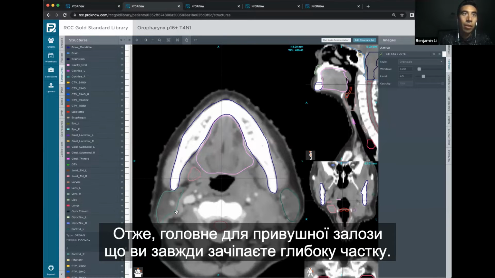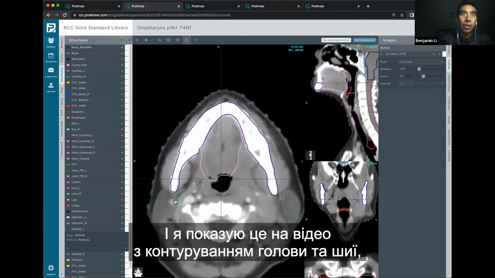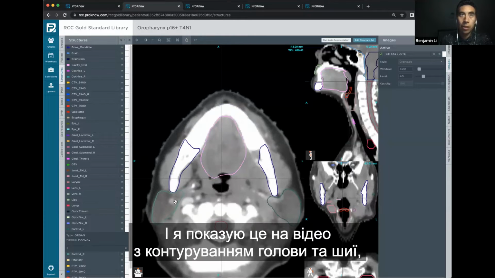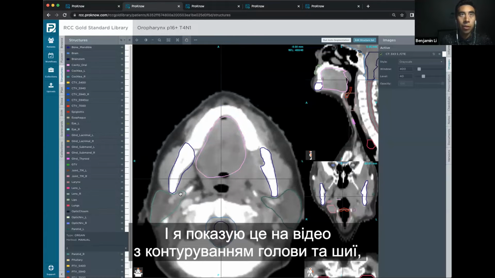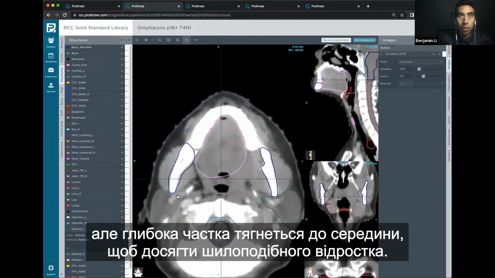So the main thing for the parotid gland is you want to make sure you always include the deep lobe. And I show this in the head and neck OAR contouring video, but the deep lobe reaches in towards the middle to reach the styloid process.